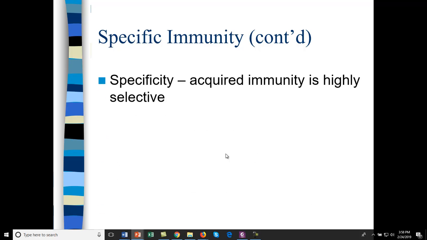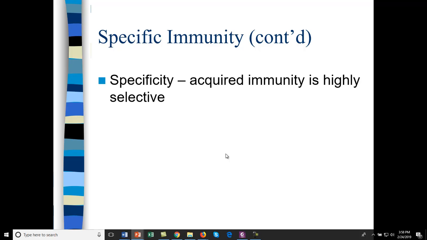Okay. So in the specificity of immunity, let's step back. Acquired immunity is very selective. The antibodies and T cell response that you get from the acquired immune system are highly selective.